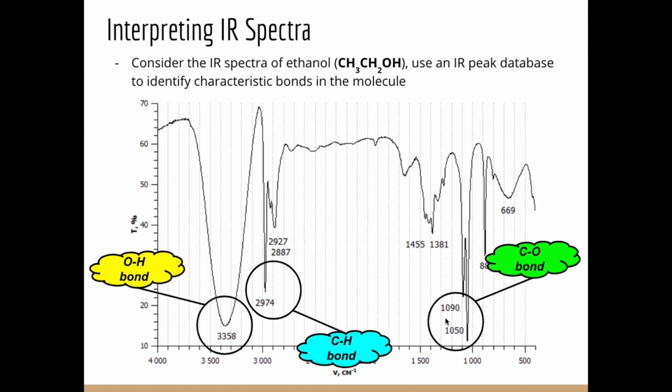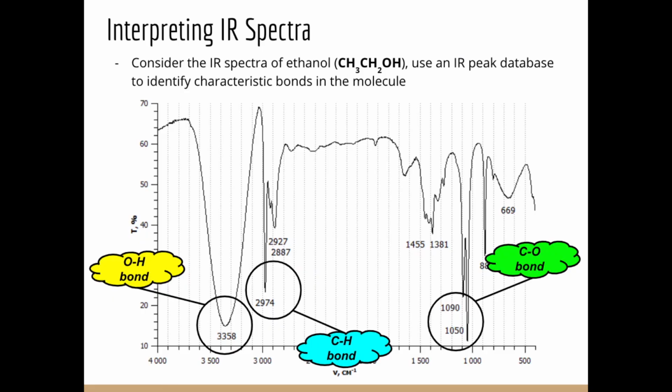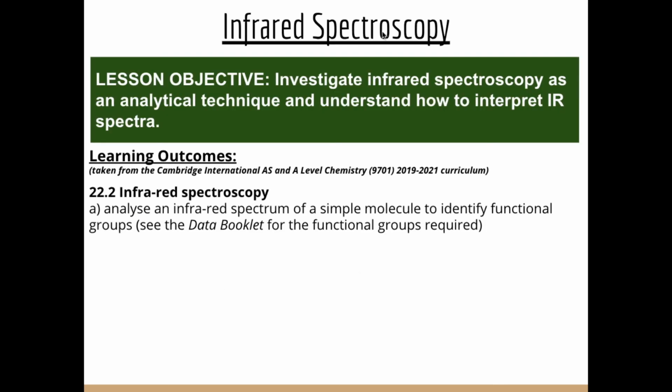So it's a really good tool to confirm that we have certain functional groups present, but like I say, with its limitations, it's best used in conjunction with other analytical techniques in order to analyze our molecule and identify its structure. And with that, we have finished our lesson on infrared spectroscopy.